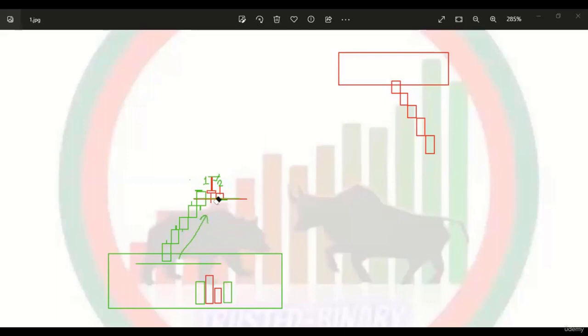In the case of the last stage, when there is an extreme sellers entry point area, everything is the same, but the candle size is very weak, and it got rejected already from here. This is the rejection point. Or even if we get any round number level here, let me draw it perfectly.